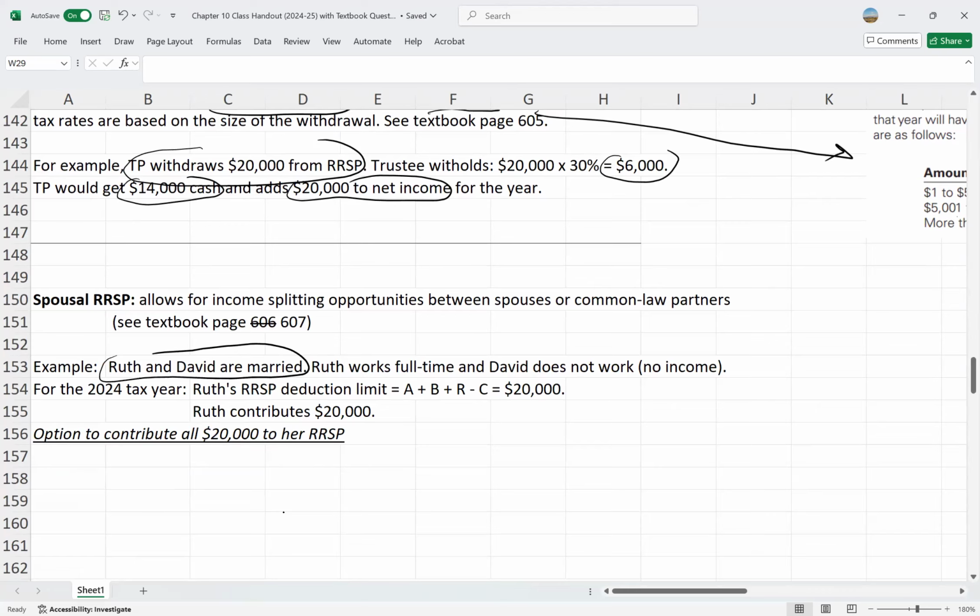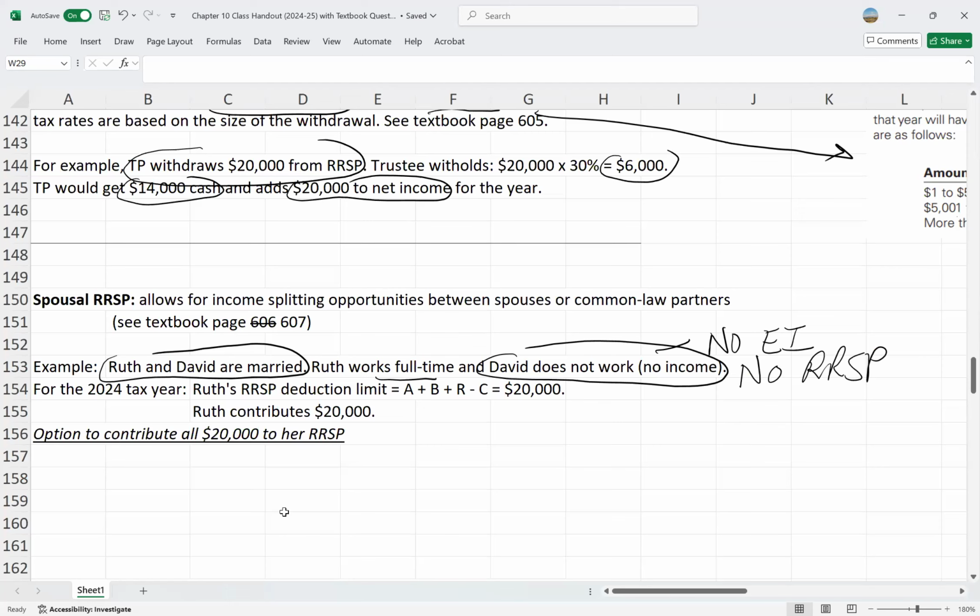And let's say Ruth works full-time and David does not work. So David does not work, so no earned income, and so no RSP. Remember, you need to have earned income in order to be able to put money into an RSP. If you have no earned income last year, your RSP deduction is going to be 0.